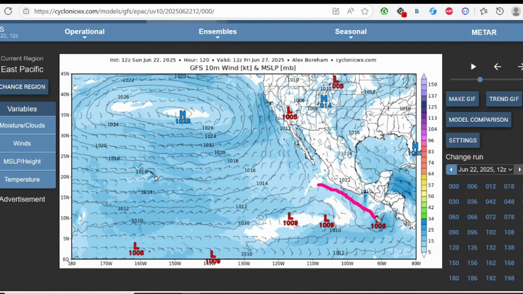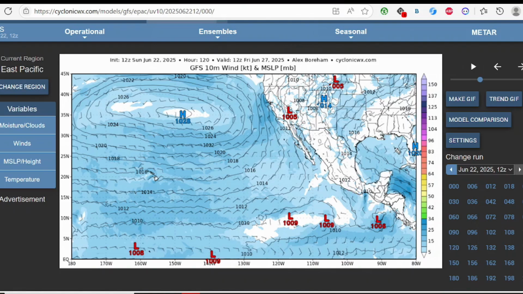Now we have it much closer to the coast and dying out due to land interaction. You have the mountain range here, which should prevent any further development, and being very close to landmass probably results in interaction with the eastern quadrant of the system if this was to take place as a scenario.